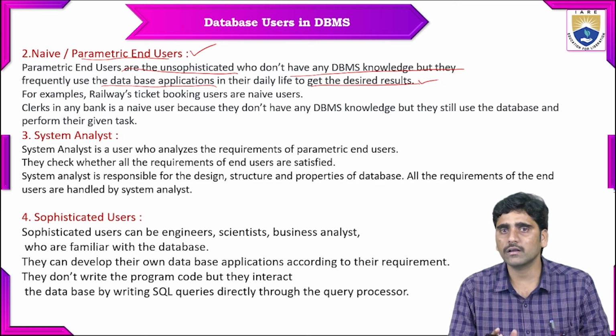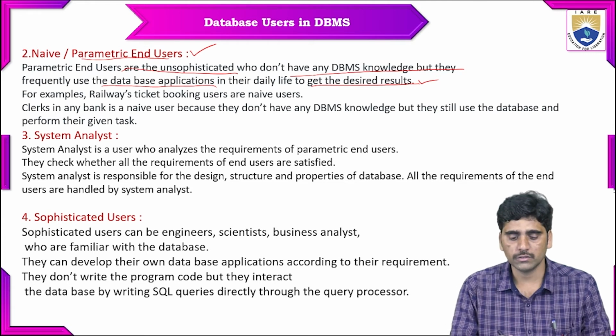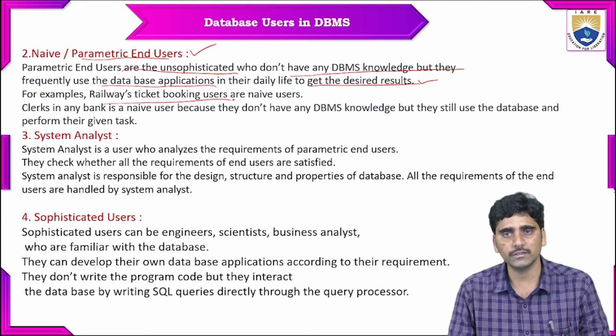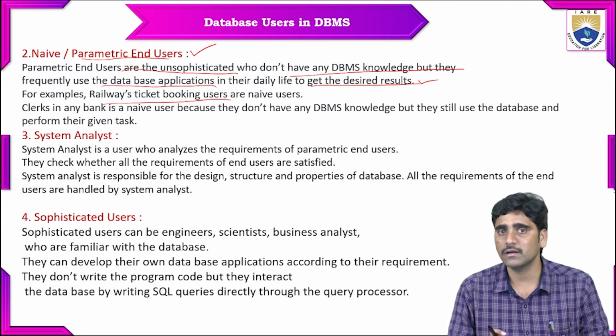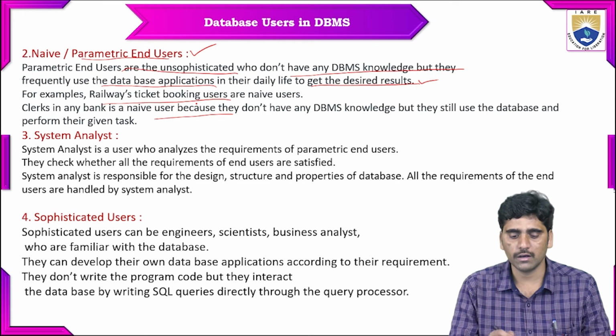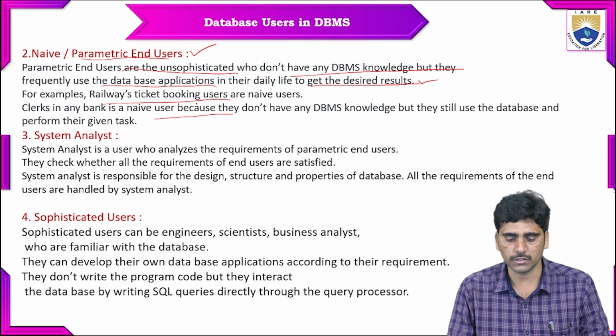These people don't have knowledge of a particular DBMS like MySQL or Oracle, but they use database applications in regular life. For example, railway ticket booking and banking: they don't have any knowledge of the database, but they interact with database applications on a daily basis. Those are all naive or parametric end users.